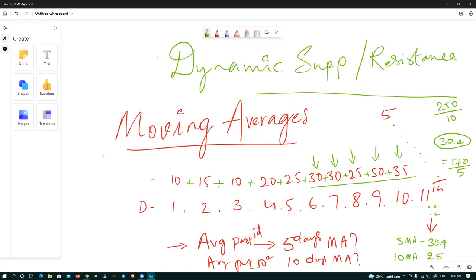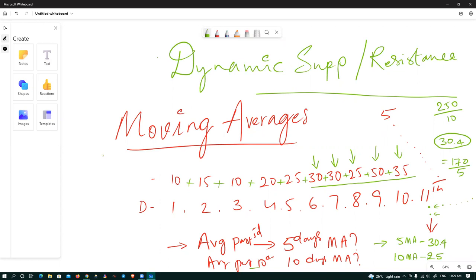Say this is today, 1 day, and what will happen in the chart? The chart itself is going to keep drawing these values every day once you plot the moving average. Suppose you add a 5 moving average to the chart, it will keep calculating and drawing these points every present day with the previous 5 days average values. So every day you will be getting one dot continuously.